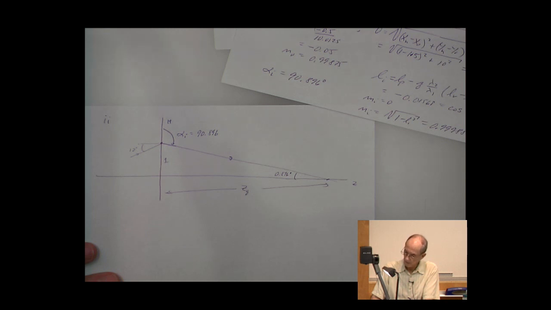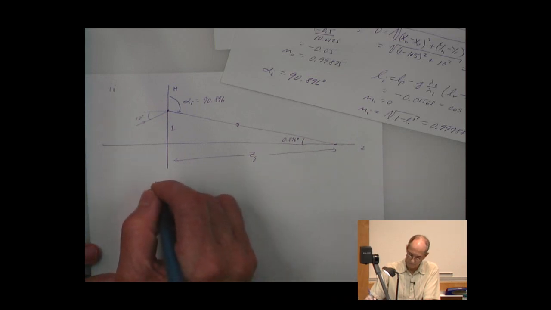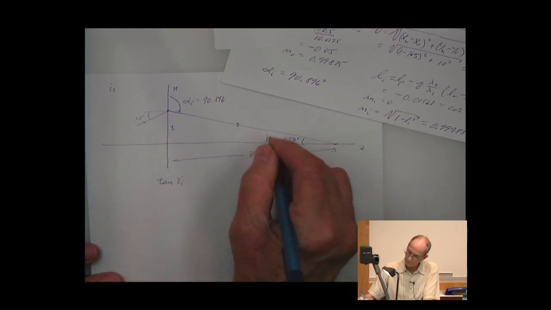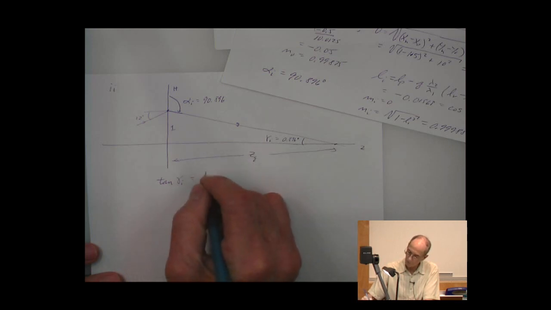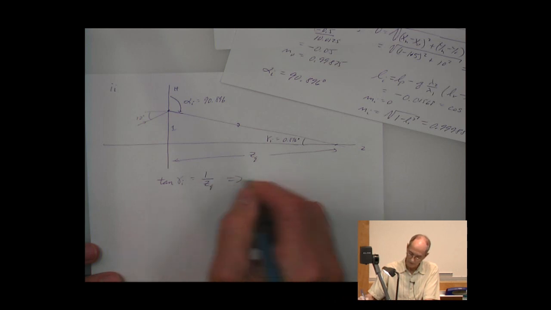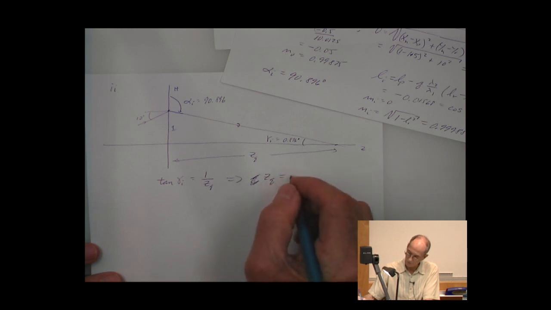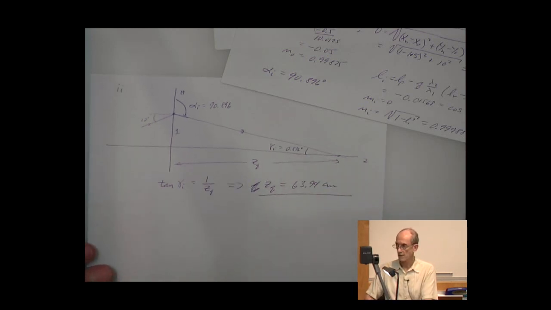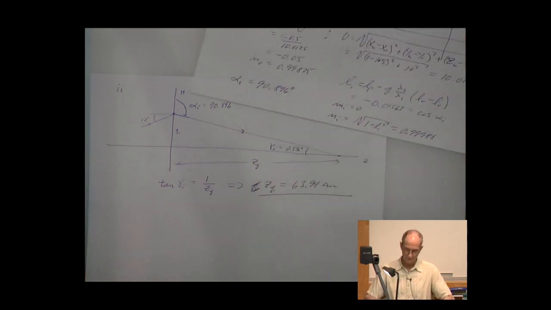All right, so if we want to find, say, ZQ, we can say tan of gamma I is equal to 1 over ZQ. And so ZQ is equal to 63.94 centimeters, okay? All right, so that's fine.